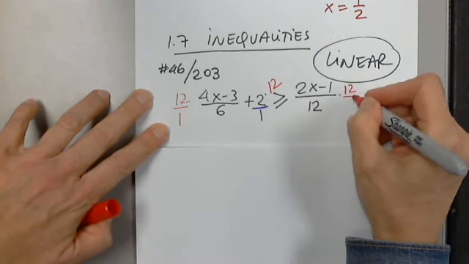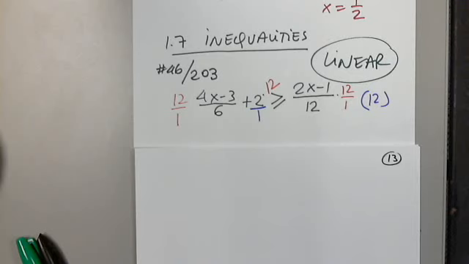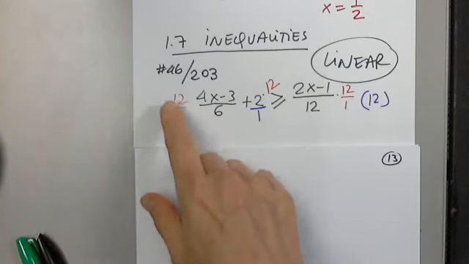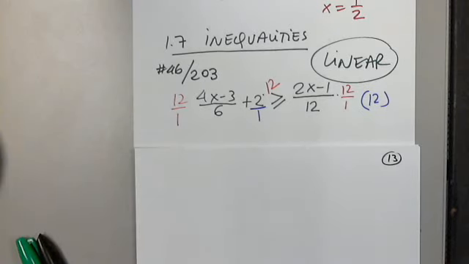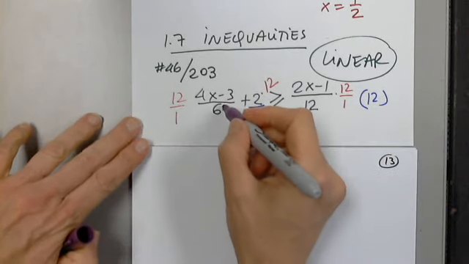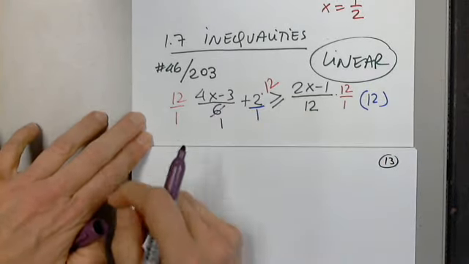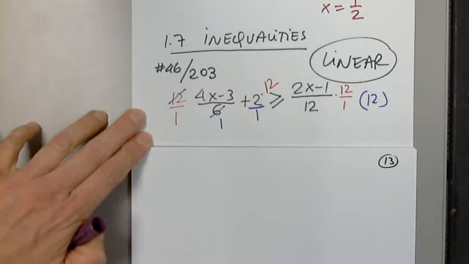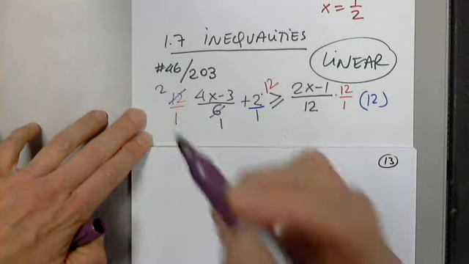And then 12 over 1, because we need to simplify first before we multiply. So I will simplify 6 and 12 by 6. 6 divided by 6 is 1, and 12 divided by 6 is 2.